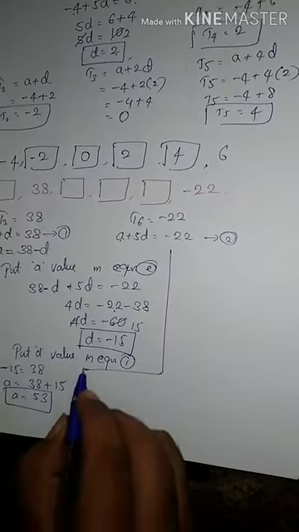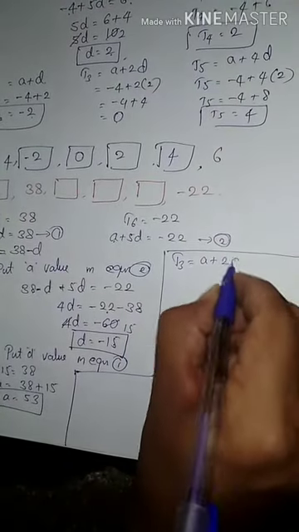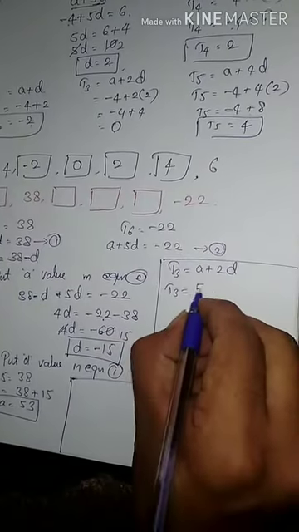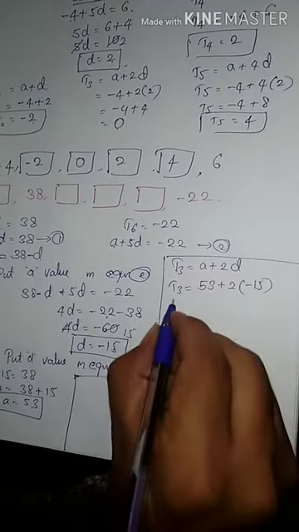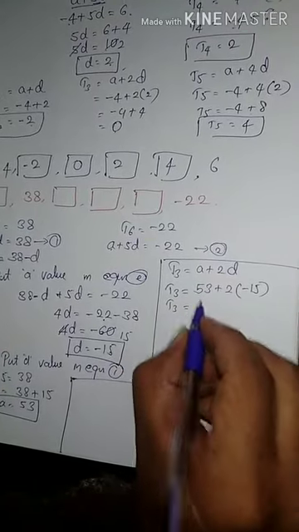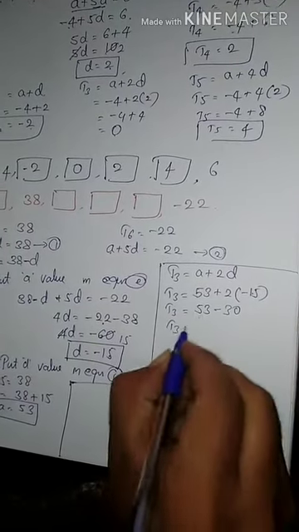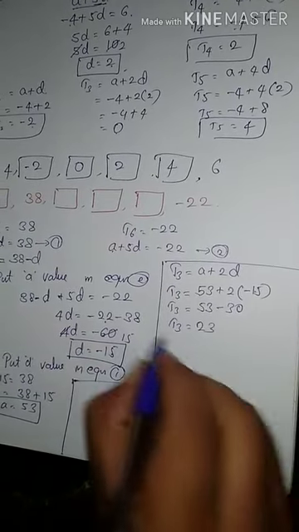How to find the third term? So the third term of an AP, T3 is equal to A plus 2D. T3 is equal to, we know the value of A is 53 plus 2 into D is minus 15. So T3 is equal to 53 minus 30, is 23.